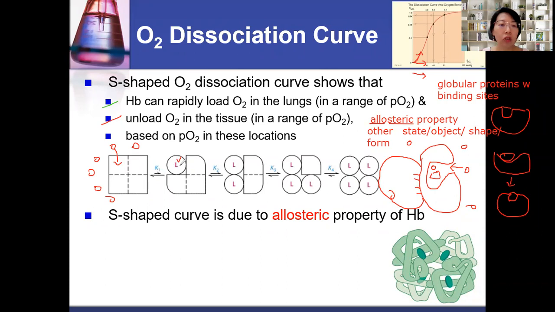When this subunit changes shape, it will cause these 2 neighboring subunits attached to it to also change shape, okay? Because it's like two are holding each other together, right?